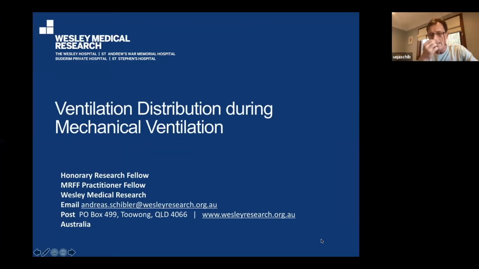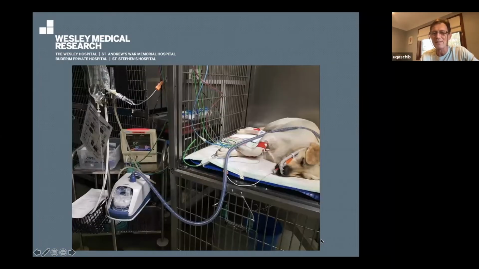Okay. So the topic is ventilation distribution during mechanical ventilation. It's been a hobby of mine to follow that topic, but just for a refresher as a first go, I just want to show that vets are now advertising using high flow during anesthesia in dogs, and they're advertising on their web pages as well that they offer high flow during any anesthetic to their little dogs.